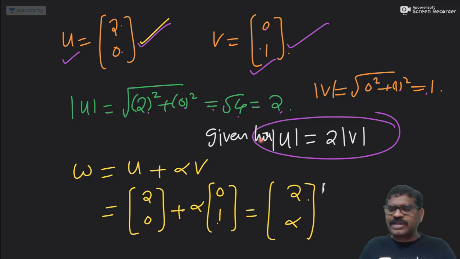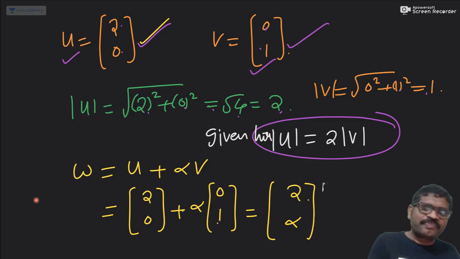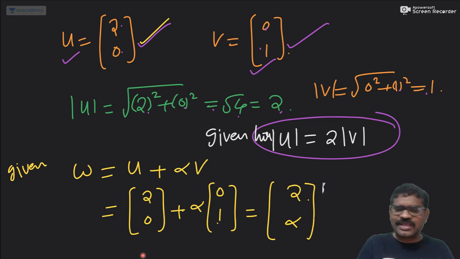Sir, what is W? That is also given in the data. Given that W equal to U plus alpha V. U I have substituted, V I have substituted here. Alpha is not 2. I have not solved the problem, just I am explaining now. 2 plus alpha 0 is 2. 0 plus alpha into 1 is alpha.